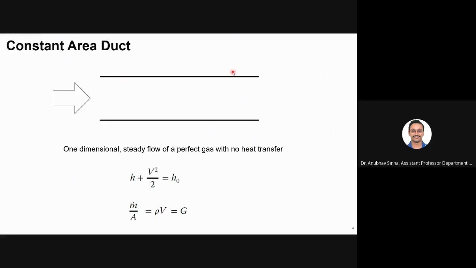So we assume this is one-dimensional and we have a perfect gas. We have already defined what a perfect gas is. It has to be both calorically and thermally perfect, then we'll call it a perfect gas, and we also assume that there is no heat transfer. So we are just concerned with friction.